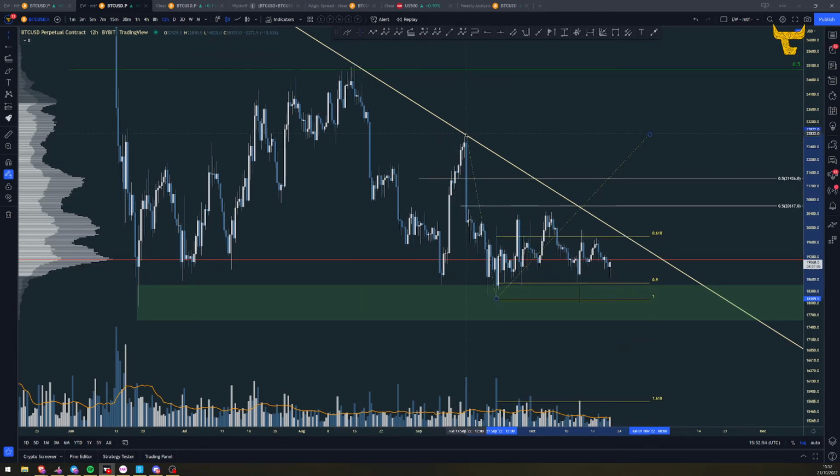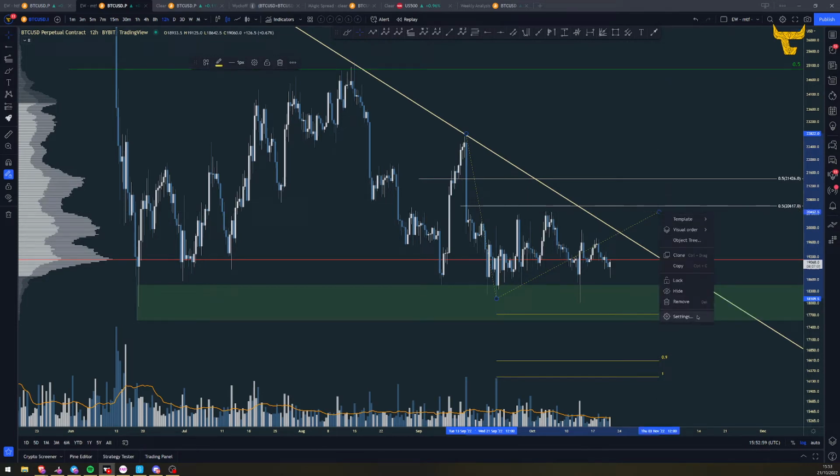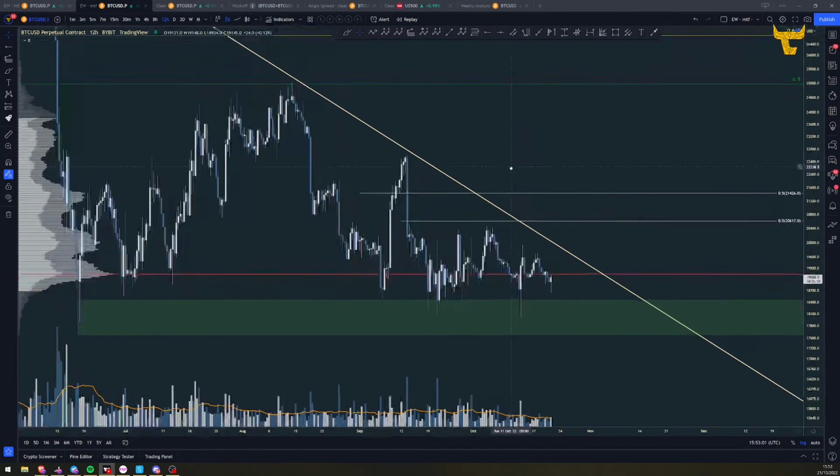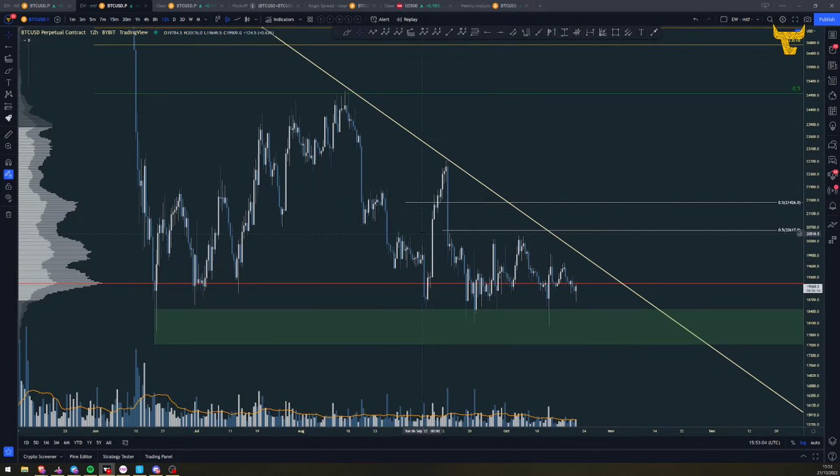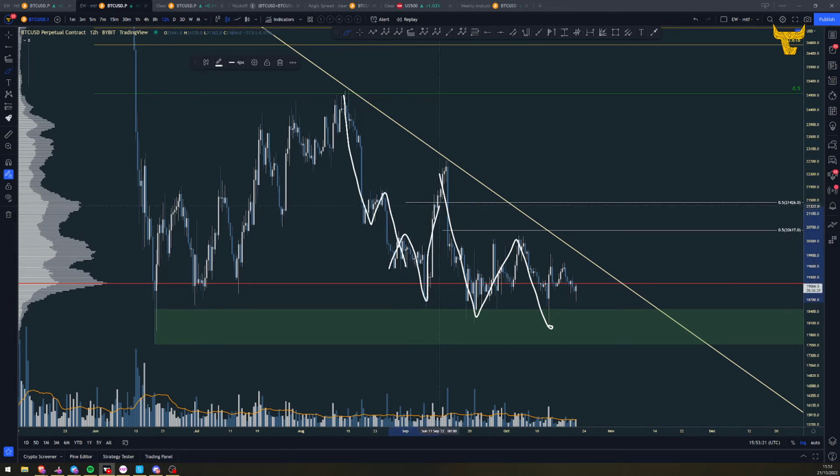Yes, let me check. A, not even the 0.618. I was trying to consider this as an A, B, short C, which could have, if that was the case, an A, B, long C, which would make a W, X, Y, potentially.